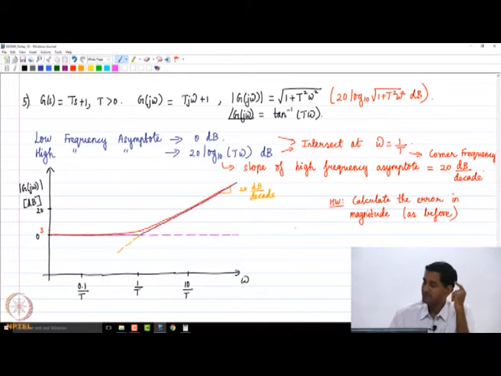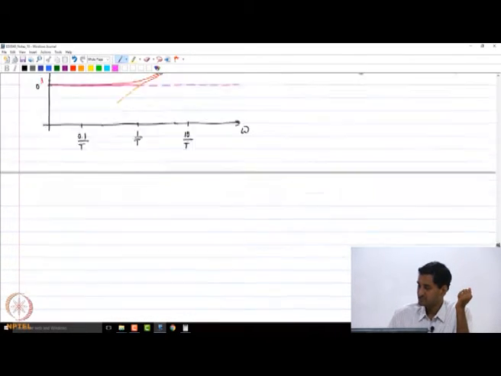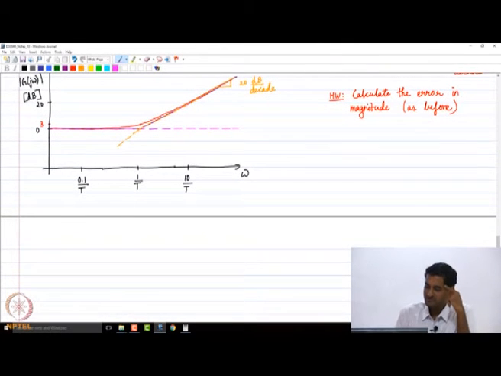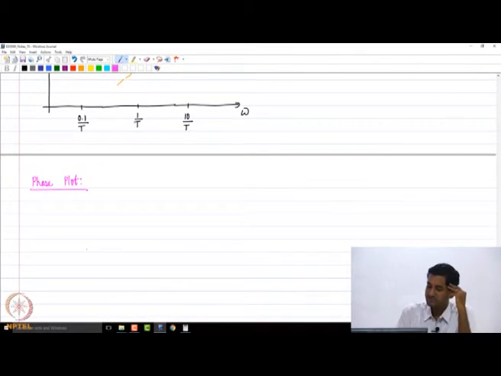Let me draw it in the next page, okay. So what happens to the phase plot? So once again it is going to be a reflection. So what is going to happen?